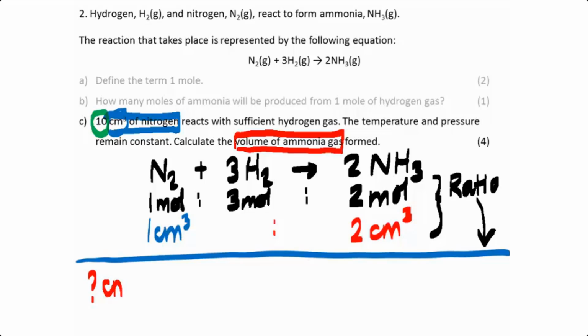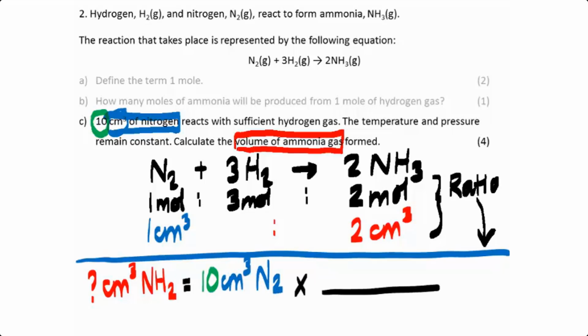Now we can give it in any unit we want actually. Let's give it in centimeter cubed. How many centimeter cubed of ammonia gas is formed from 10 centimeter cubed of nitrogen gas? We multiply that by a conversion factor, which is the reaction ratio for this particular reaction, with centimeter cubed of nitrogen at the bottom to cancel that away, and centimeter cubed of ammonia at the top to introduce the required unit.